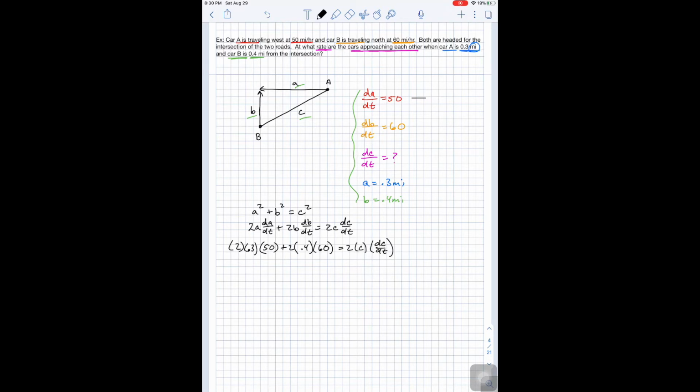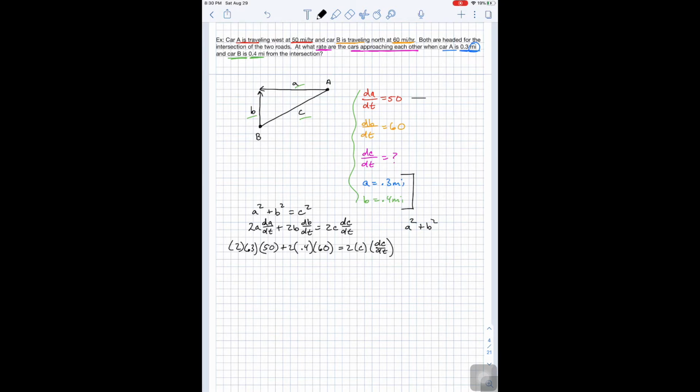So you go, wait a minute, I don't know what C is. I've got too many unknowns here. No, you don't, because if you know what A and B are, you can also find out what C is, right?